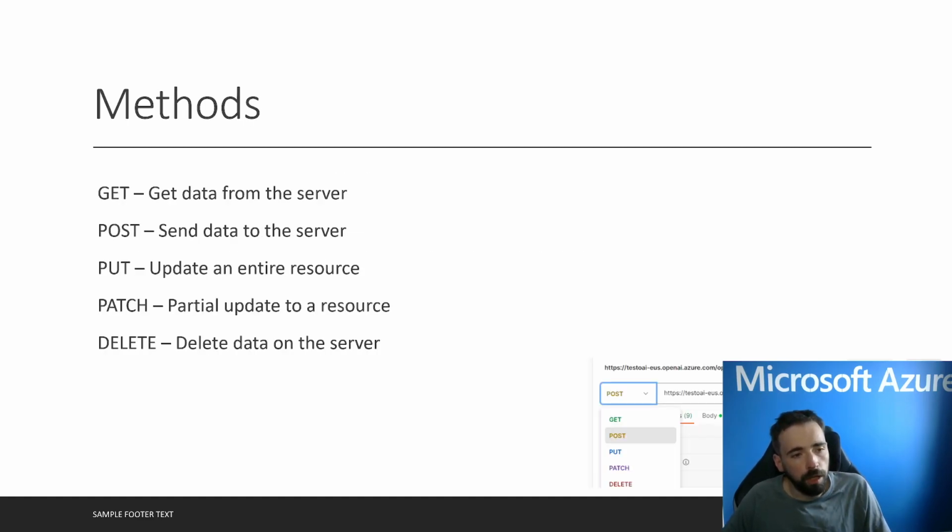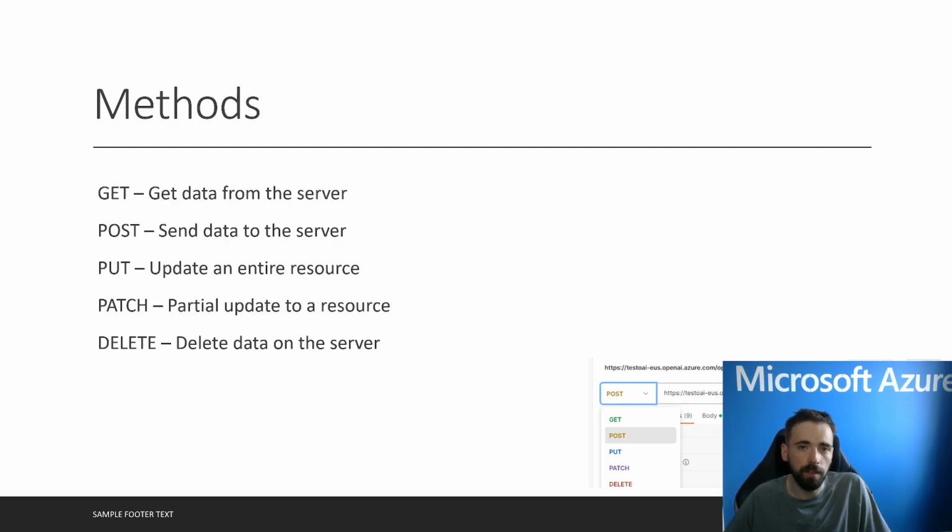So when we look at the specifics of an API call, one of the key components of any API call is the method that's being used, and we have a number of them. The 5 typical methods used are get, post, put, patch, and delete. Get is probably one of the most common, and this is the one that's used when browsing the web in a web browser.